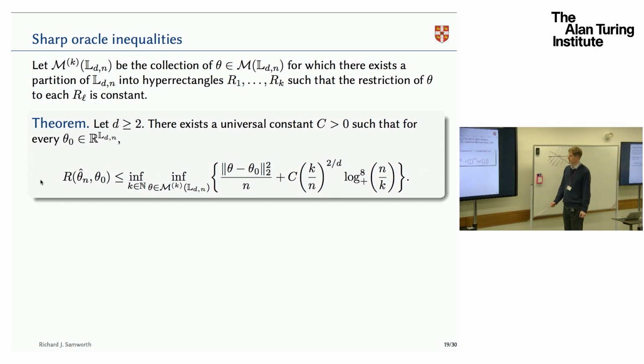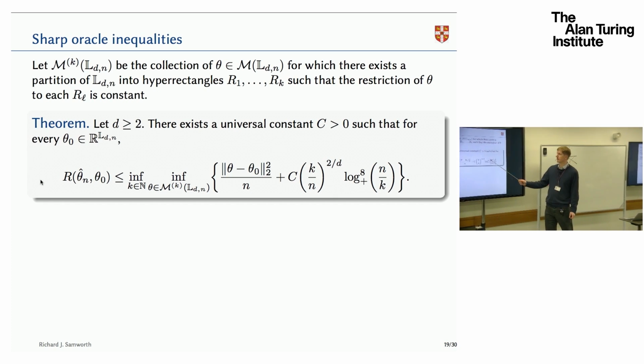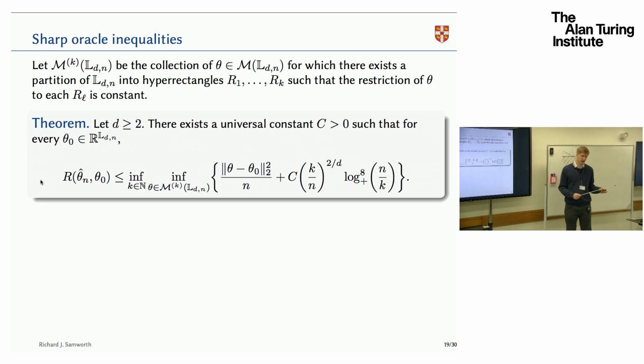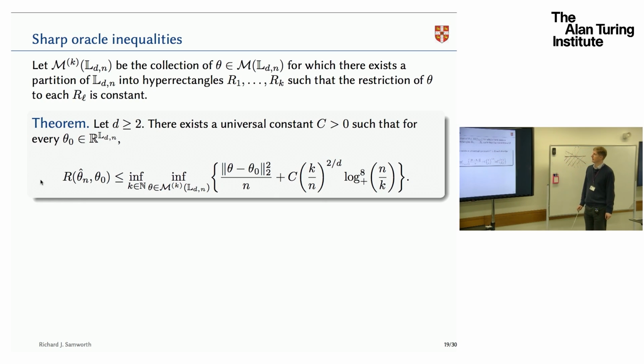And I can see the way that this increases with k. So provided k is relatively small, I'm doing better than the worst case rate. It's called a sharp oracle inequality because the leading constant in front of this approximation error term is 1. There's no kind of universal constant in that term.